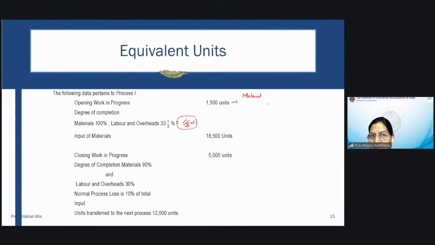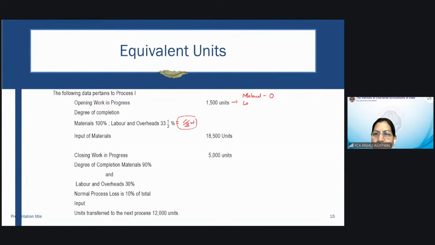This is the opening WIP for this period, it could be a year, a quarter, or a month. So in this period, on these 1500 units, you will not need to input any material, 0%.